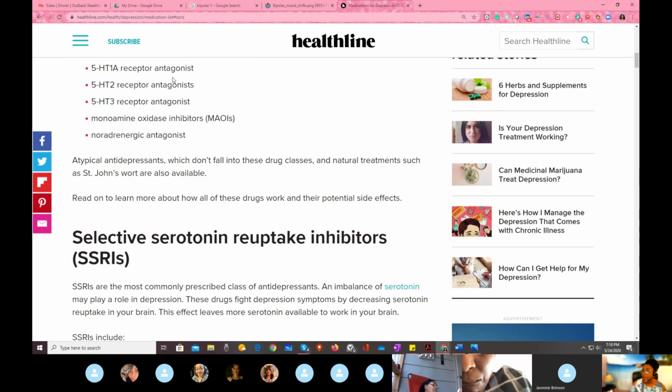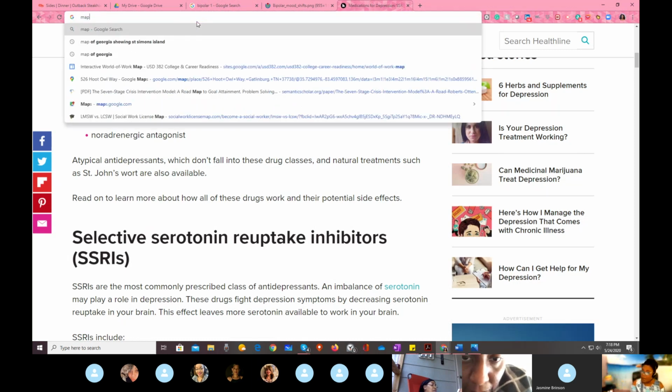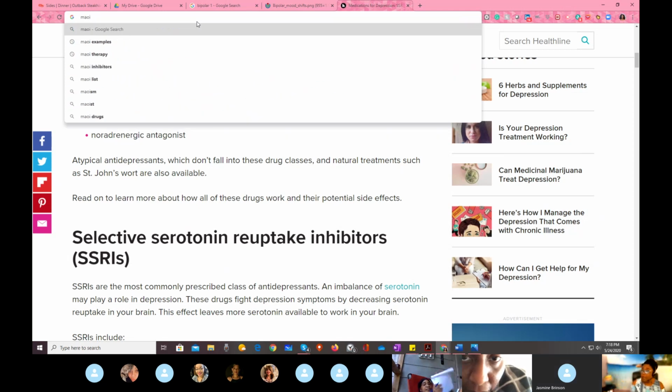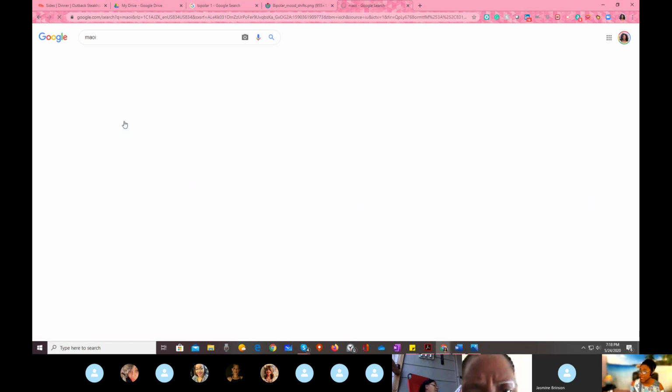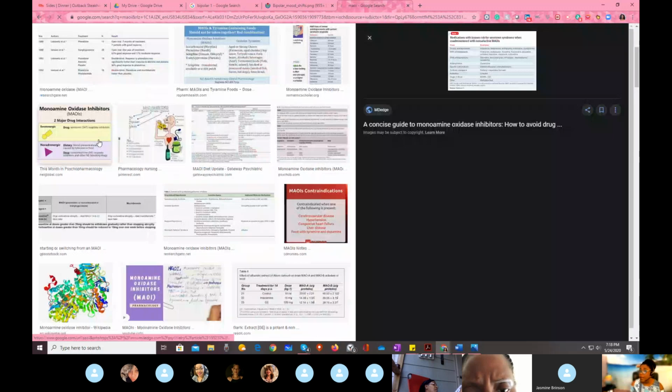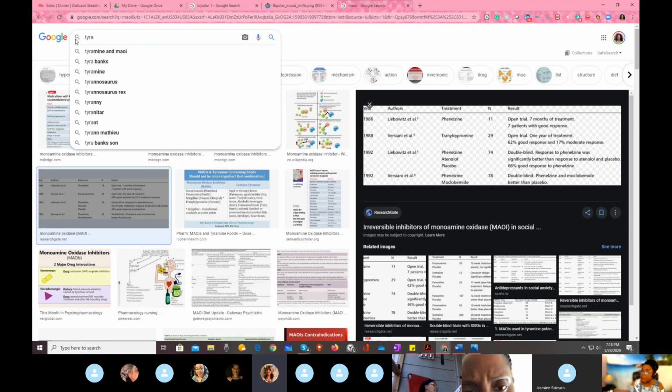Sometimes you'll see an MAOI. The problem with MAOIs, again, these are for my LCSW people. Usually I only see a few of these on the LMSW. My MAOIs are my old school antidepressants, and with them you cannot have anything that has tyramine in it.